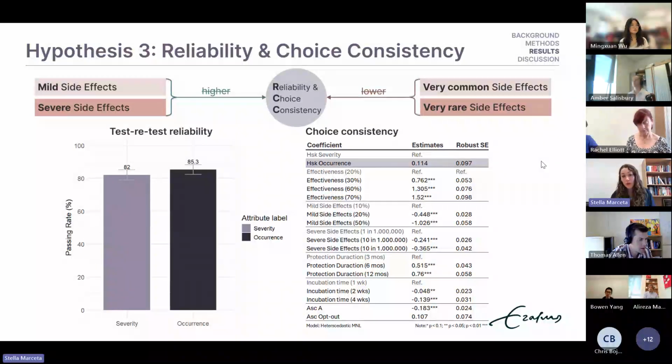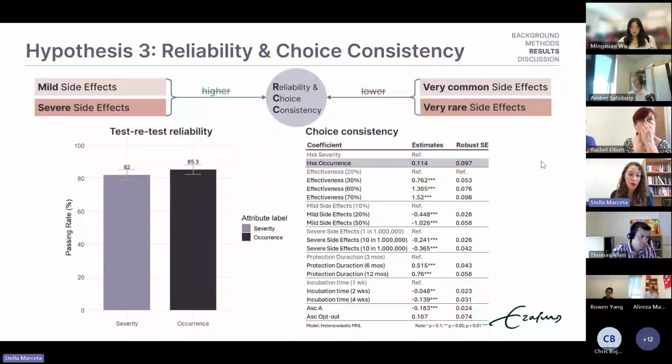With regards to complexity, so reliability and choice consistency, we didn't find any significant differences. With reliability, what you can do in a DCE is give people exactly the same choice task twice, for example the third and the 14th choice task, and see if they give exactly the same response.